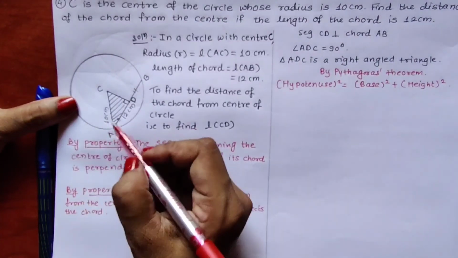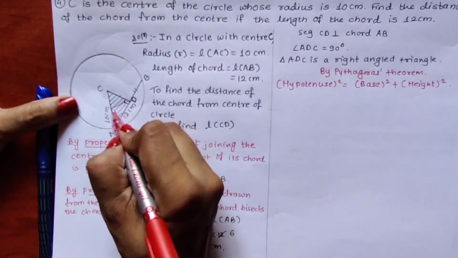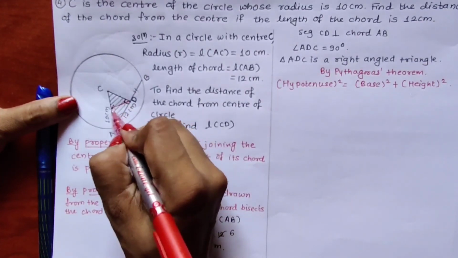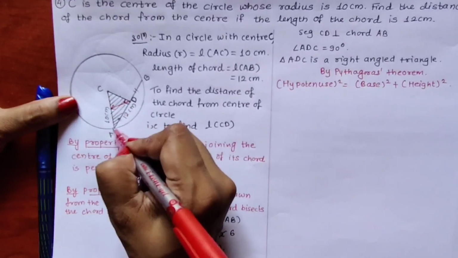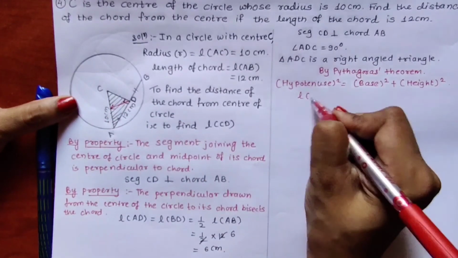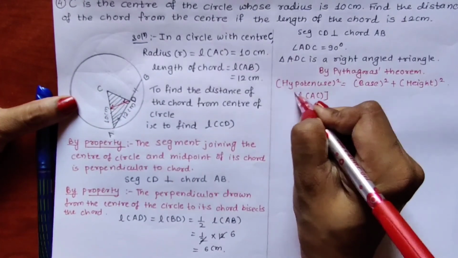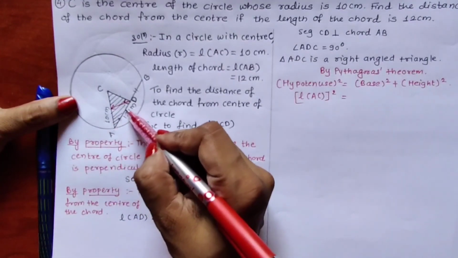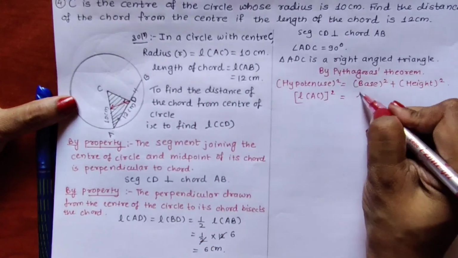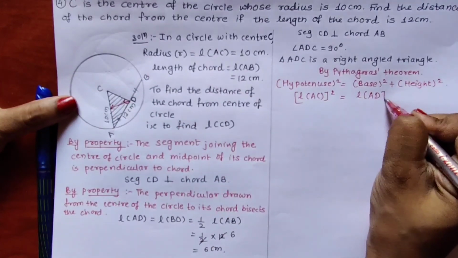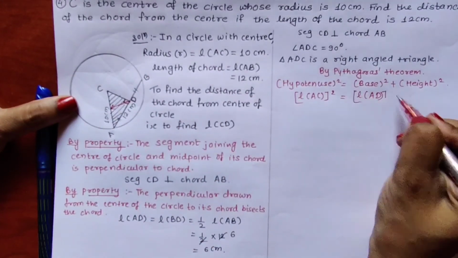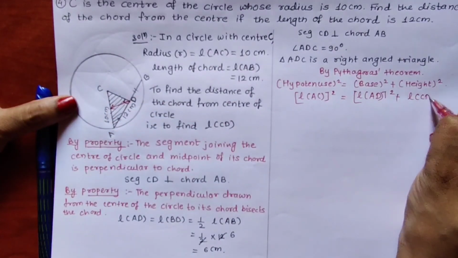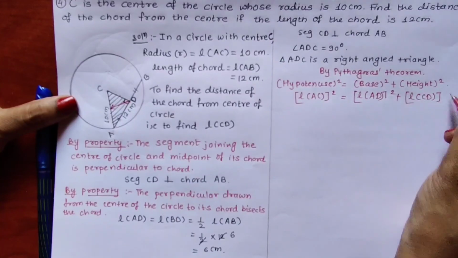Hypotenuse is the side exactly opposite to the right angle. Right angle is D, so the side opposite is AC. So length AC square is equal to base AD square, plus height CD square. Any one side can be considered as base.